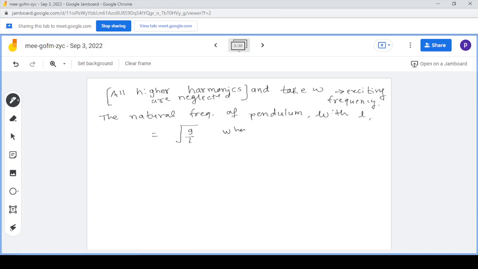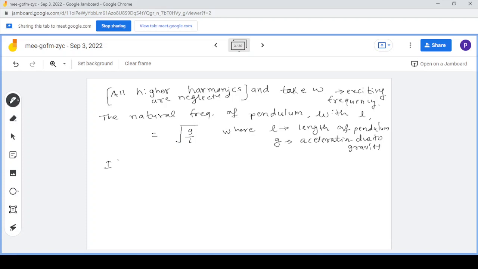Whereas L is the length of pendulum, and g is acceleration due to gravity. Although you may be wondering where that 1 upon 2 pi went? Yes, 1 upon 2 pi is also there, right? So this 1 upon 2 pi will give us the value in hertz. So this is the general formula I have written. Natural frequency of a pendulum will depend upon the under root of g by L.